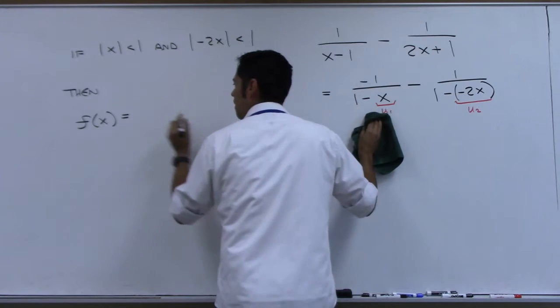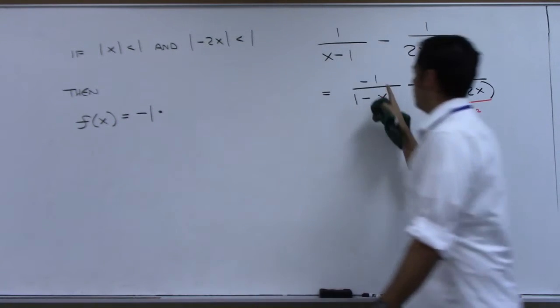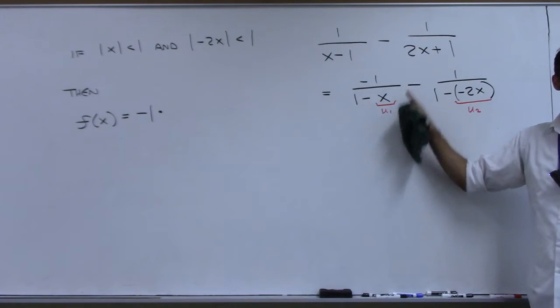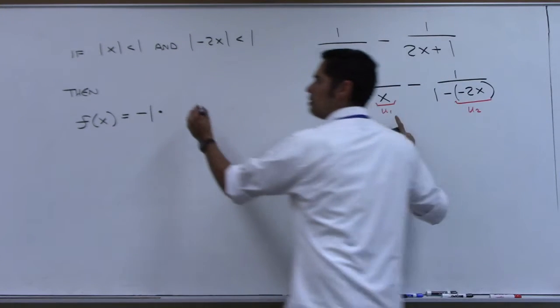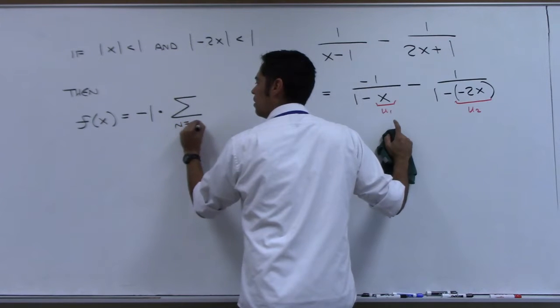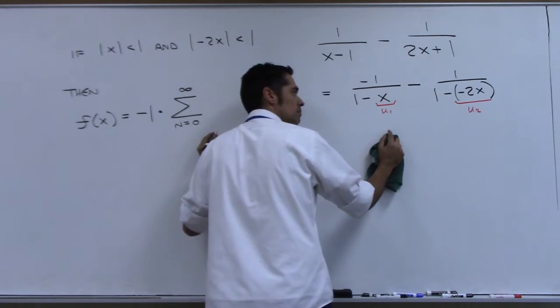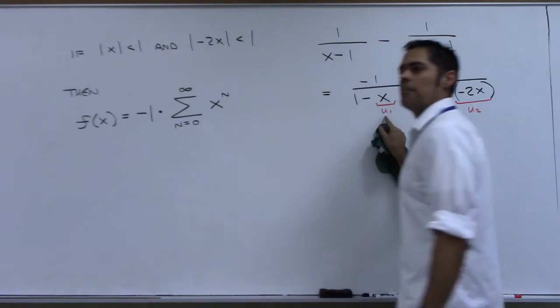So on this one, I'm going to pull the negative 1 out. So that negative 1 is coming out, which leaves me with 1 over 1 minus x. What does 1 over 1 minus x turn into? Sum n equals 0 to infinity of x to the n, right?